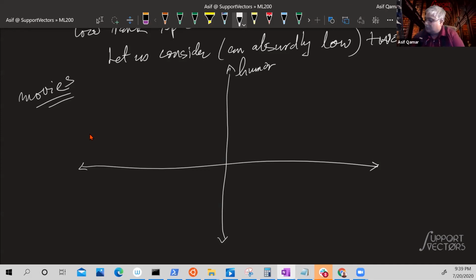I can just take two things, how much action thriller it is, and maybe humor and the lack of humor, or the not action thriller, maybe serious movies or something like that. So let's say that some documentary is here, right? Well, Michael Moore can be pretty funny here, let's say. Something like this. There's some Michael Moore movie, right?